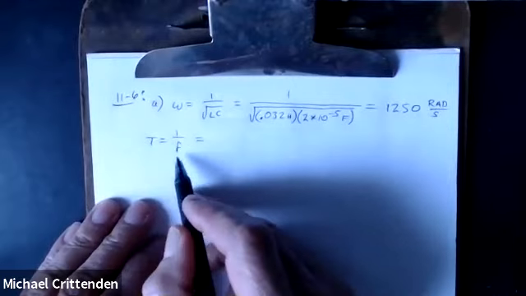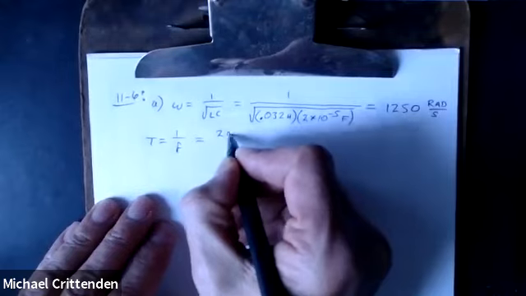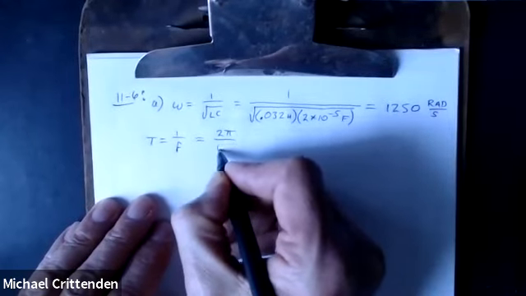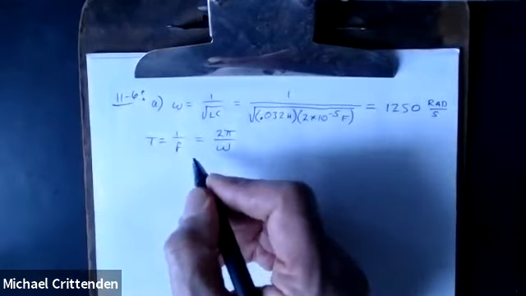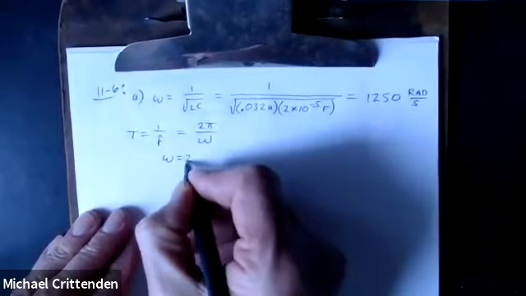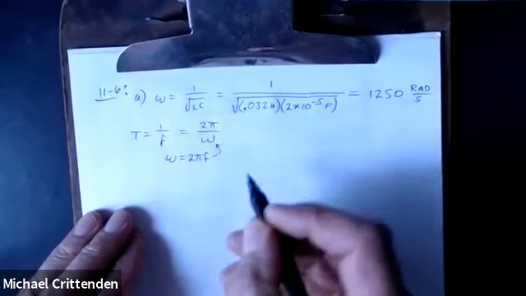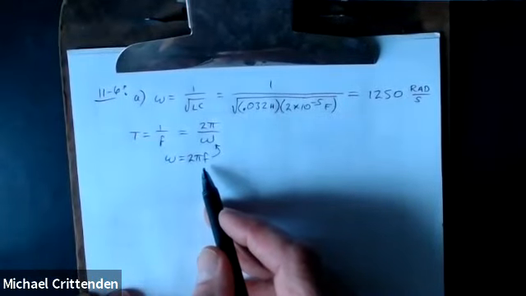So it's not just 1 over 1250, rather it's 2 pi over omega, from the fact that omega equals 2 pi f.